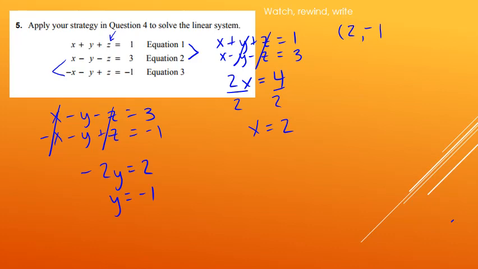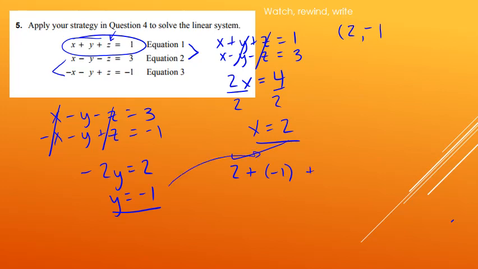So now, since I have x and y, all I have to do is plug them into the original equation. I just like to go with the top one for consistency, but you can do any that you want. So I'm going to do x plus y plus z, reading from the original equation. I put in x, then my y, and the z is what I'm trying to solve for.